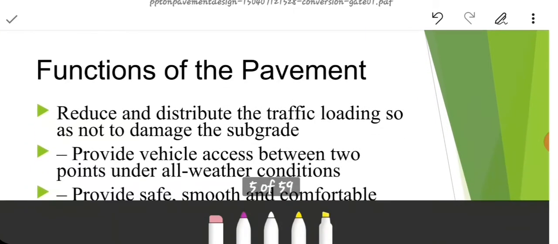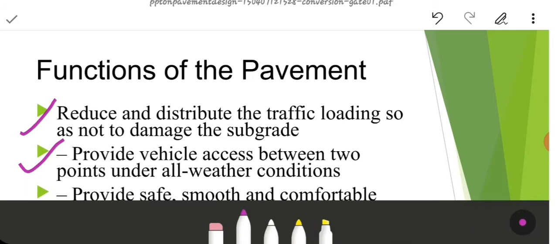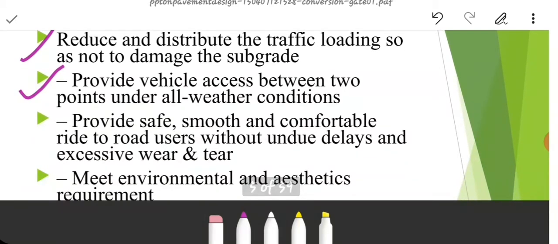Okay. So next, what are the functions of pavement? There are many functions of pavement. Reduce and distribute the traffic loading so as not to damage the subgrade. Provide vehicle access between 2 points under all weather conditions, hot, cold weather.